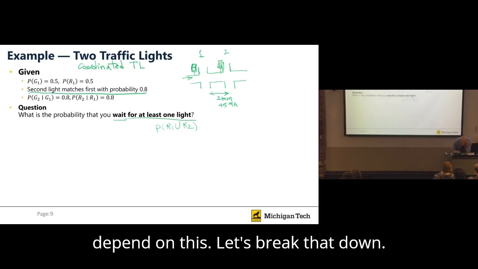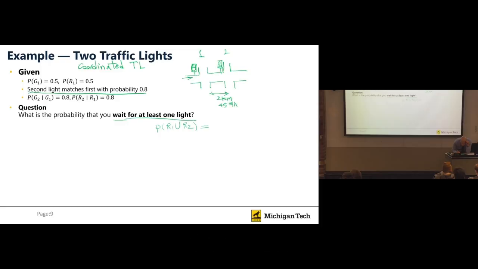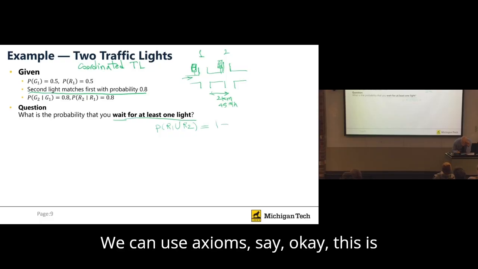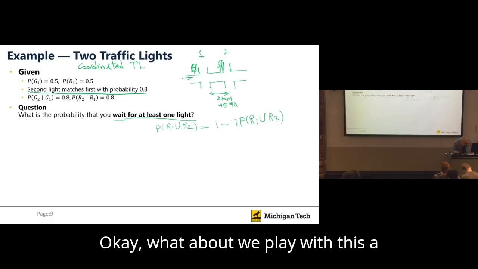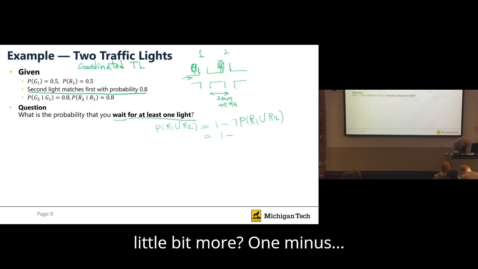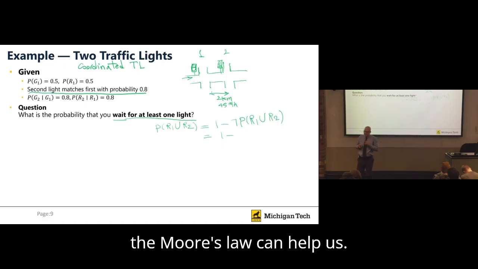Let's break that down. How do we break that down? First of all, of course, axioms. We can use axioms, say, okay, this is 1 minus the probability of not (R1 or R2). Good? So far, so good. Okay, what about we play with this a little bit more? The De Morgan law can help us.